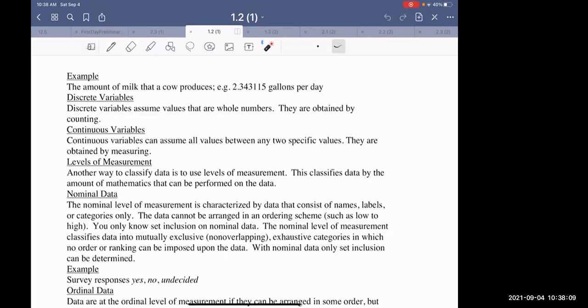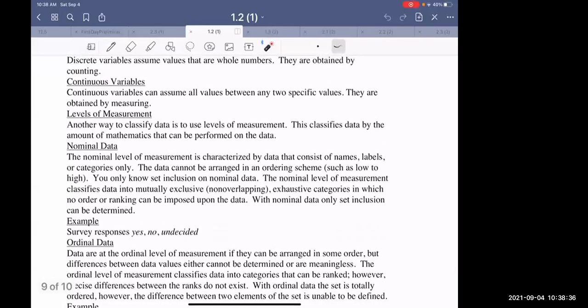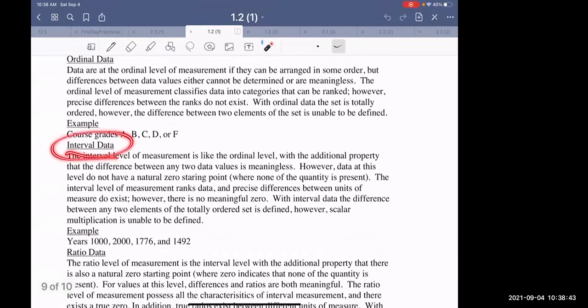The levels of measurement are only for data, and it is the amount of mathematics that can be performed on the data. There are 4 levels of measurement: nominal, ordinal, interval, and ratio.